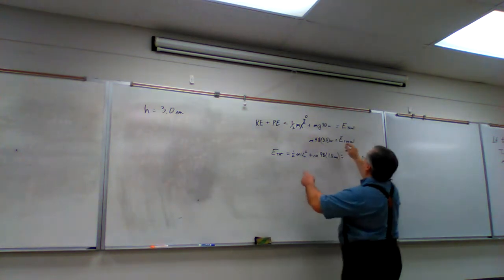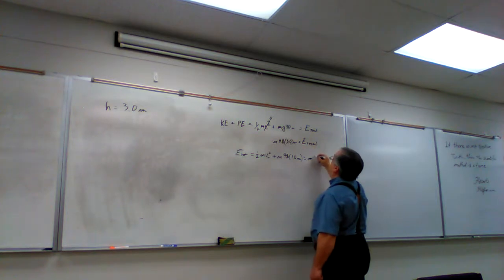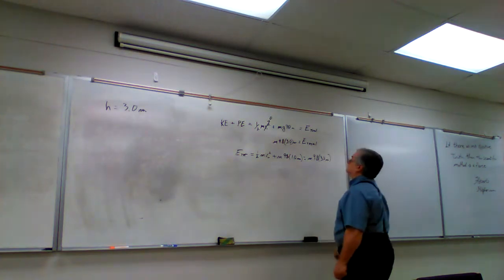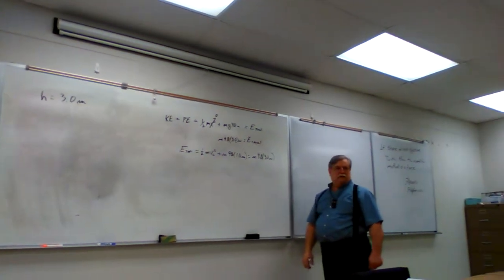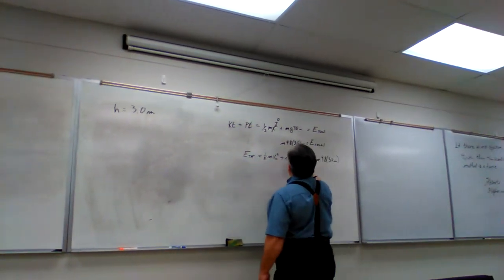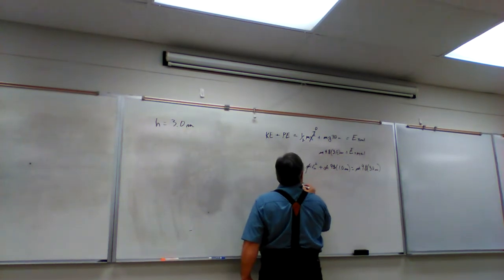And that's equal to the total energy, which is still m times 9.8 times 3.0 meters. All right, now you can see right there, we can immediately divide through by mass. So mass no longer matters.